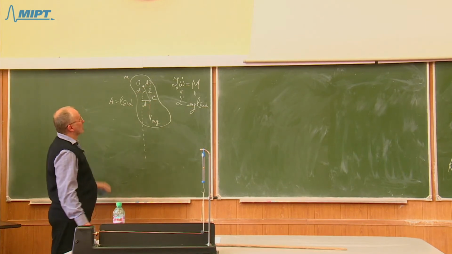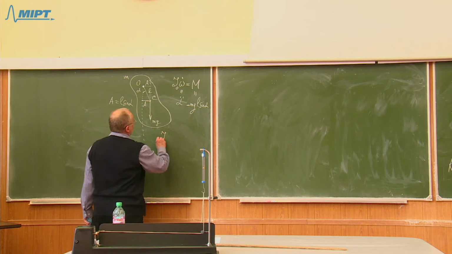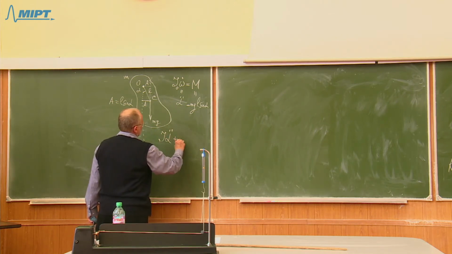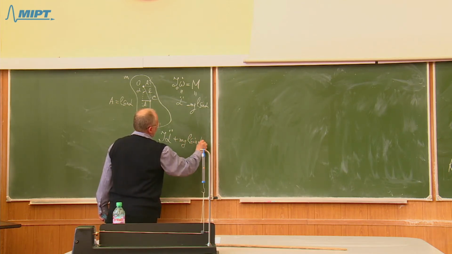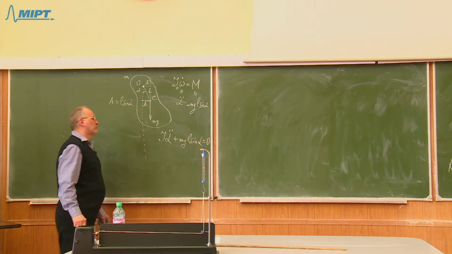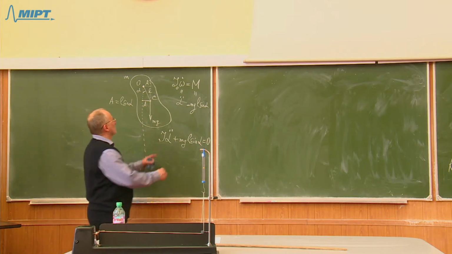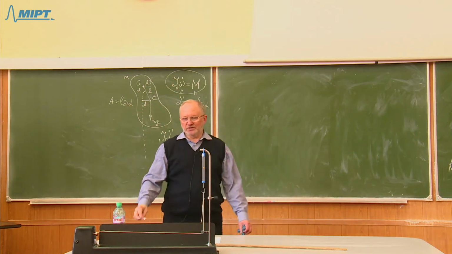It will be accelerated in the opposite direction. So that I alpha with two dots plus mgL sine alpha equals 0. That's the result obtained from the law of rate of change of angular momentum.